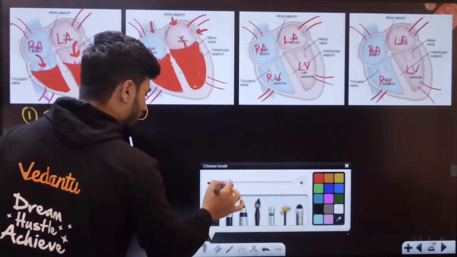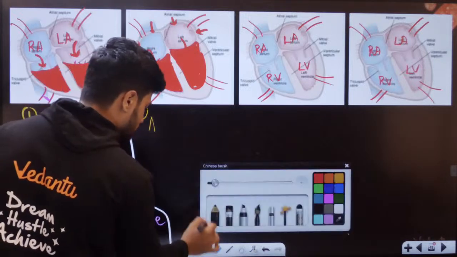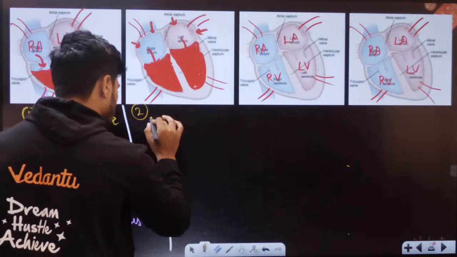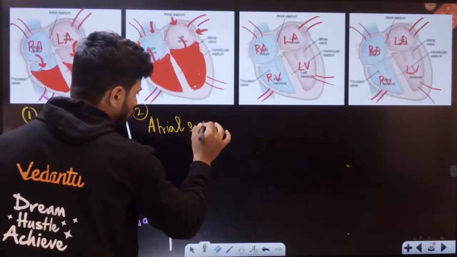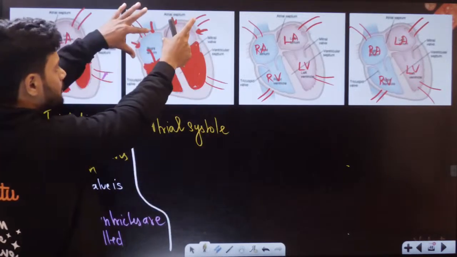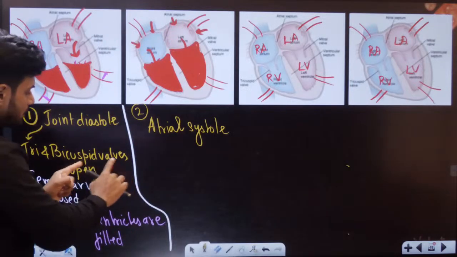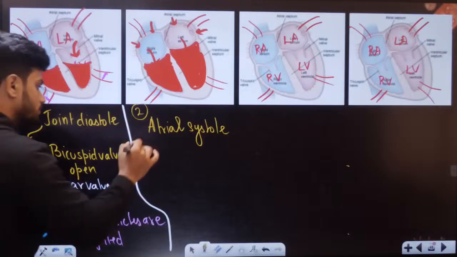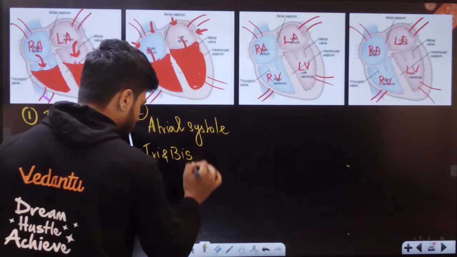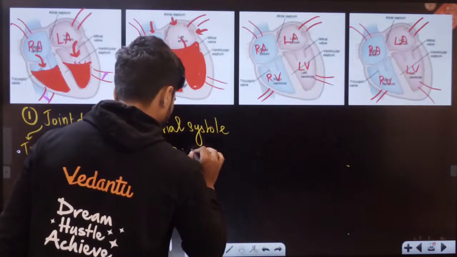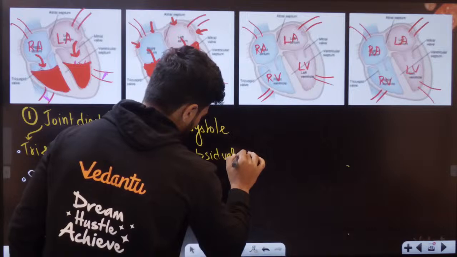So what happens here is atrial systole happens. We completely squeeze it. Now in this condition also, the tricuspid and bicuspid valves are still open.